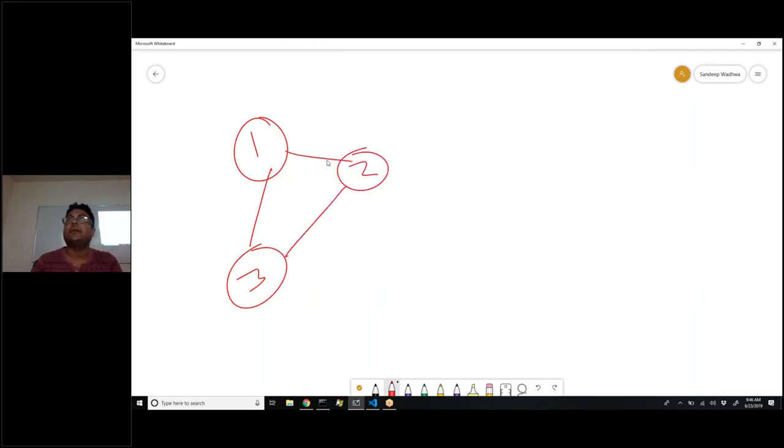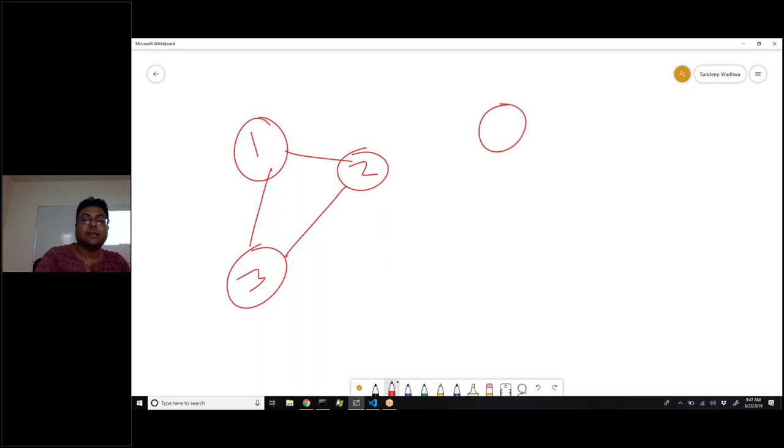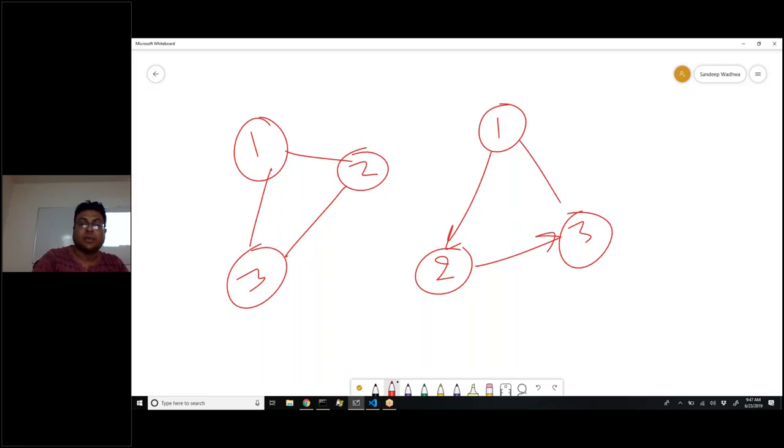Is this weighted or unweighted? Unweighted. Unweighted means the edges that are connecting to vertices do not have any weights associated with it. It just represents they are connected. Is it directed or undirected? Undirected. When we draw directed graph, we say 1 to 2 there is a road, 2 to 3 there is a way, and 1 to 3 there is a way. This graph, right side graph, we say is directed graph.